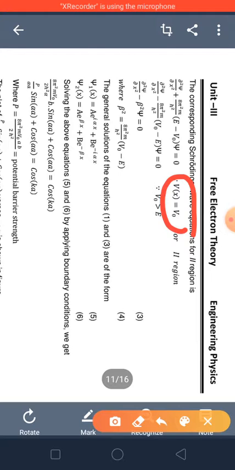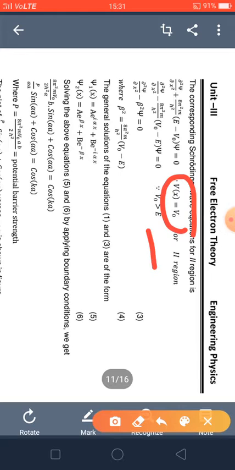Further, we rearrange this equation because potential is greater than energy, so we take it as d square psi by dx square minus 8 pi square m by h square into V naught minus E whole multiplied by psi is equal to 0.